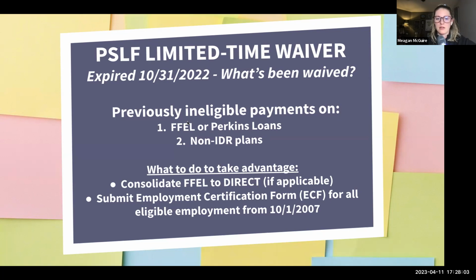Let's see. Oh, if you were in school, you mentioned we get 3 years credit due to COVID. So no, if you were in school during the COVID forbearance, again, you can't get credit. It would just be if you were actively working at an eligible employer and your loans were eligible to be in repayment.